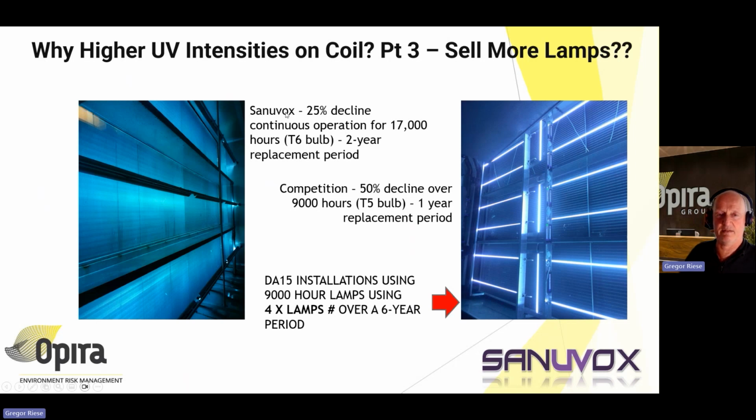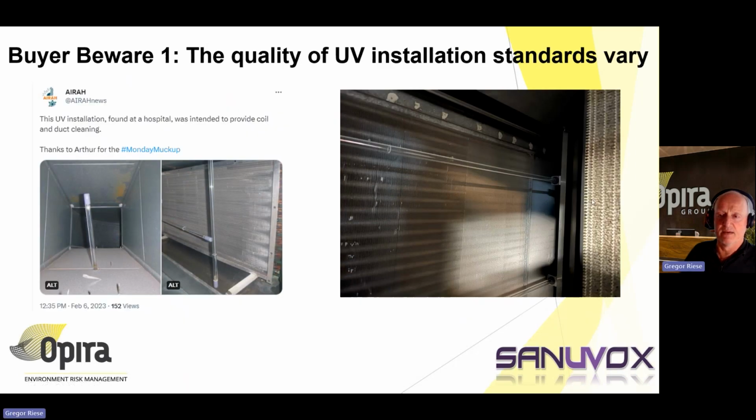Sanovox lamps are guaranteed for a 17,000 hour or 2-year period of time running full time. At the end of 2 years, they've only declined 25% in output power, whereas the competition has typically a 50% decline over a 1-year period. So buyer beware when you're looking at lamp installations.